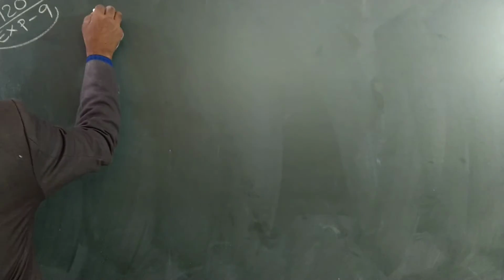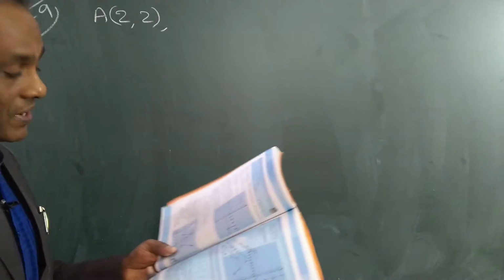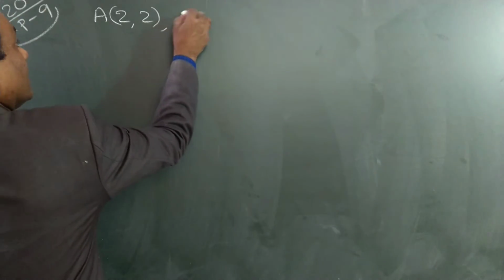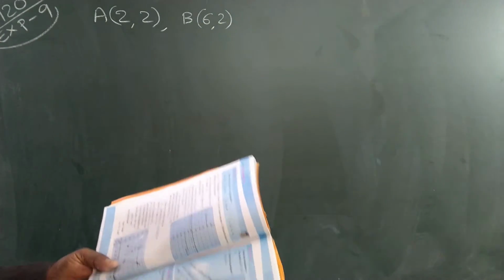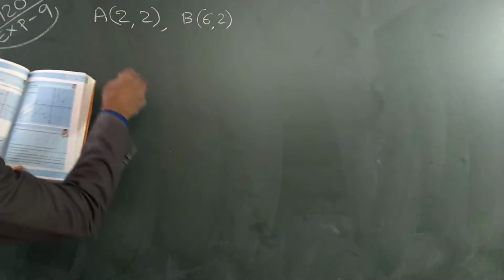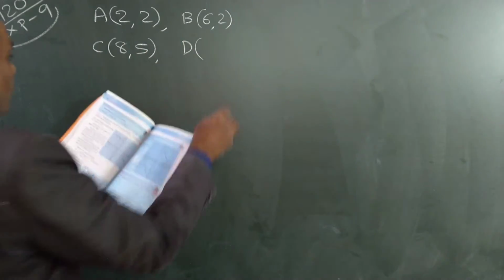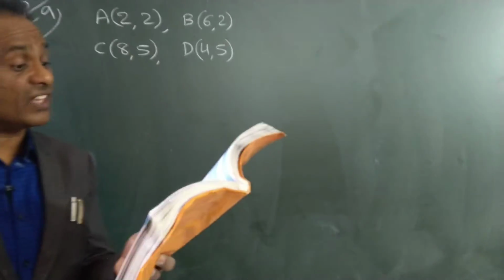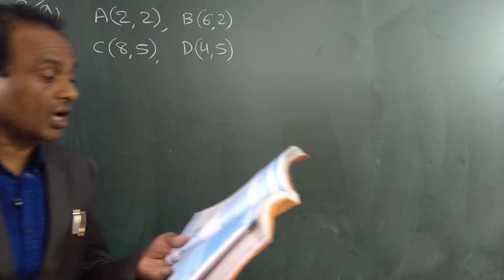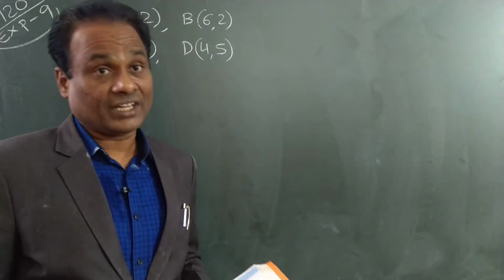Plot the points A(2, 2), B(6, 2), C(8, 5), D(4, 5) on a graph sheet.